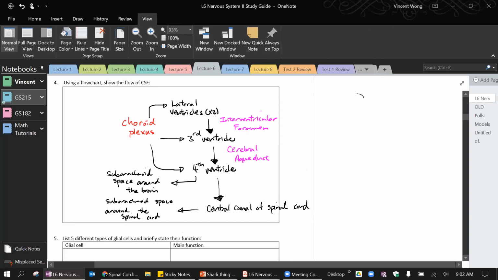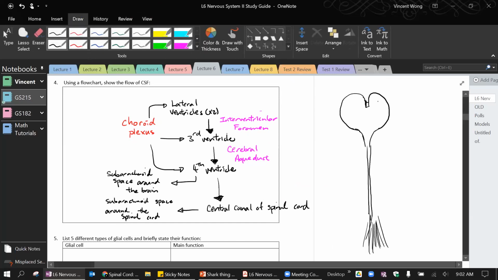Okay, so here's your brain, looking at it from the front or from the back, doesn't really matter. Then this is going to be your brain stem, and then it's going to become your spinal cord, right? The spinal cord, if you watch the lecture, you would know it becomes a ponytail at the end, like this. Let's draw some ventricles as well.